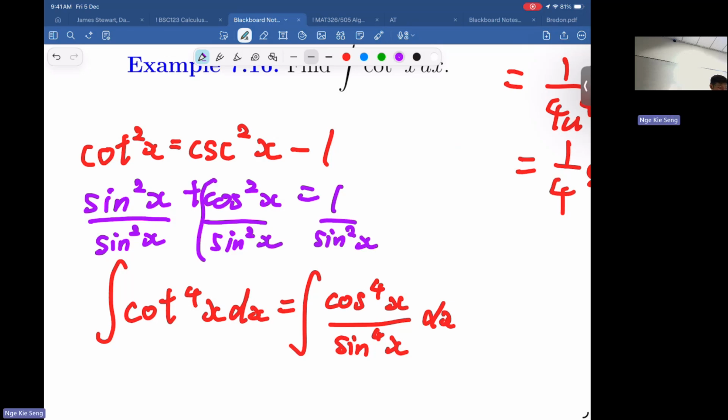Okay, so that this term here is the cotangent, right? Cos over sine. And then 1 over sine square x become cosecant. Okay? And then sine square x over sine square x is 1.